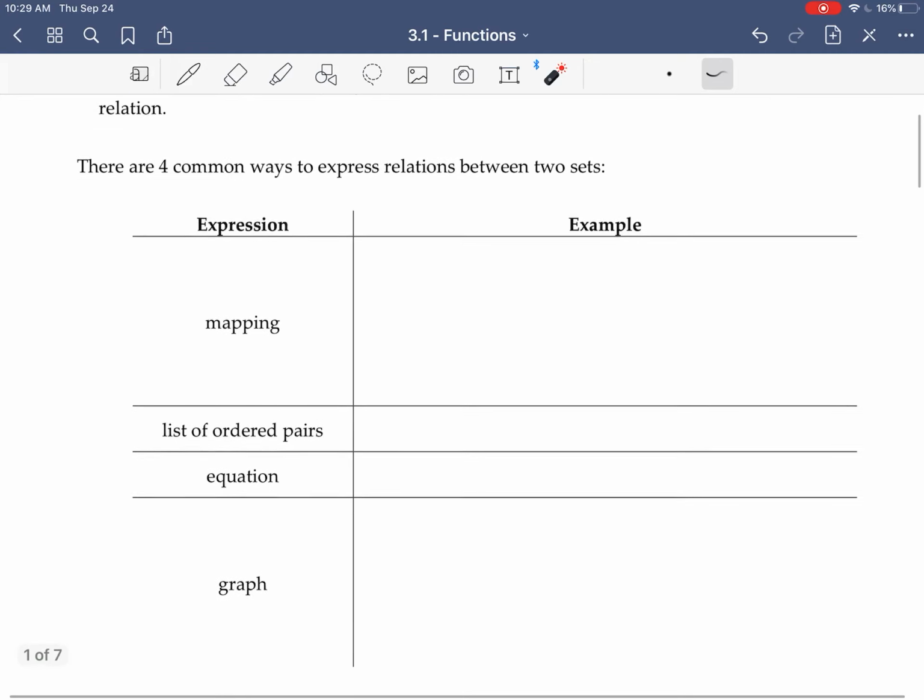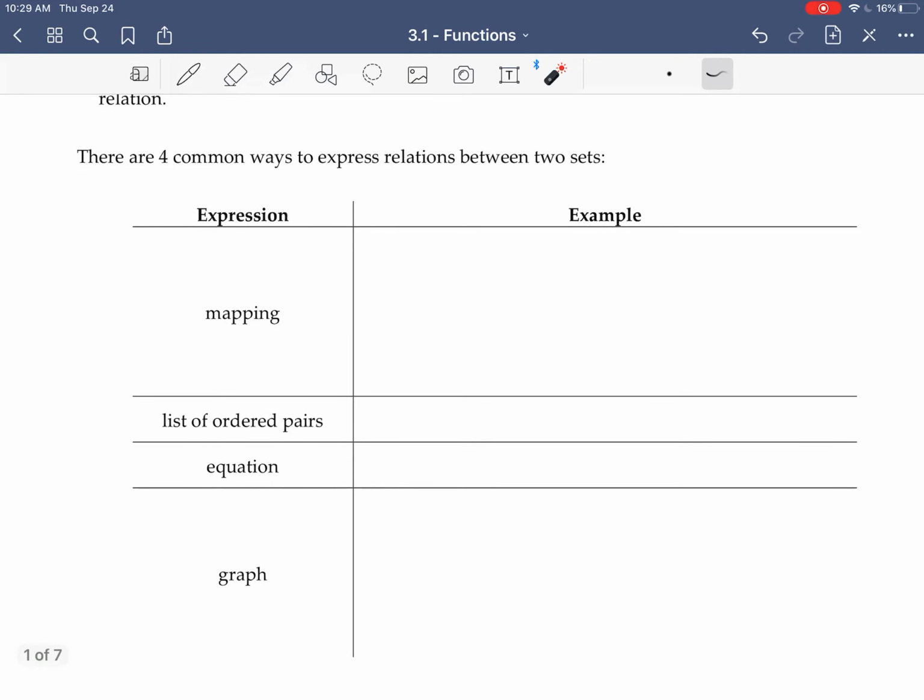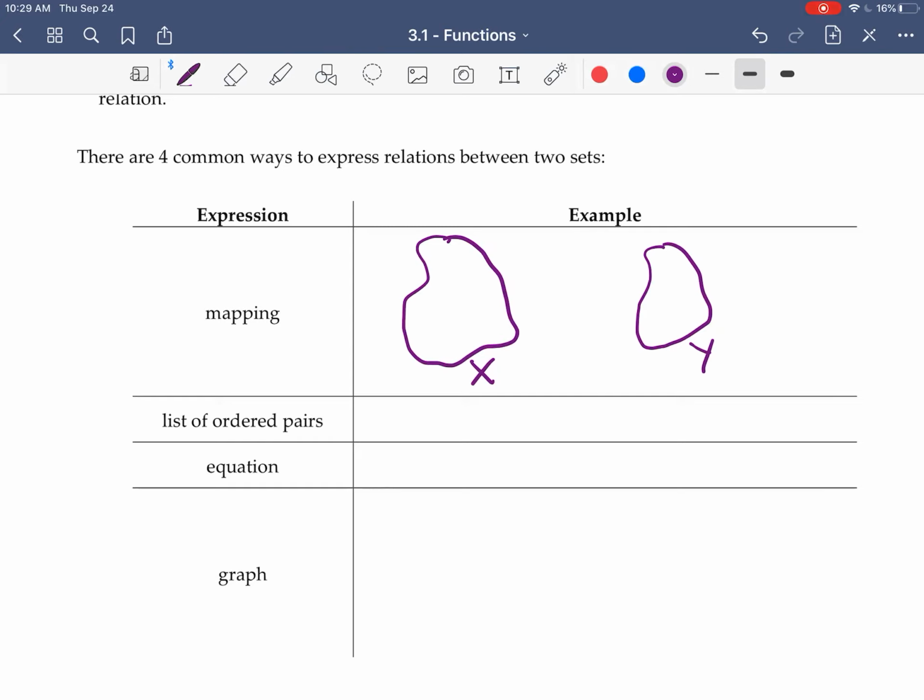There are 4 common ways to express relations between two sets. One of them is using a picture, which we call a mapping. You have some set X going to some other set Y, which could be the same set. Then you have points in here going to points over here.